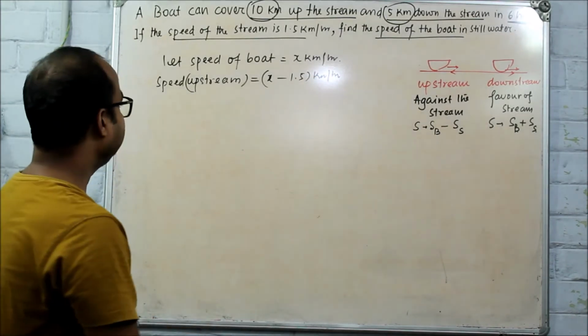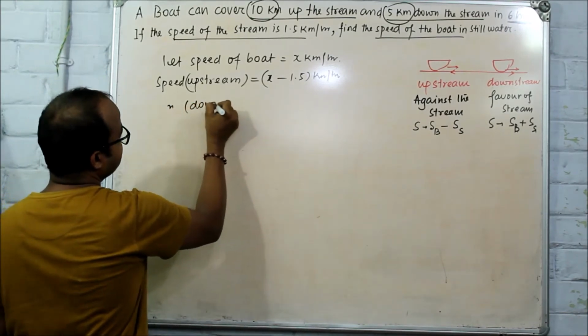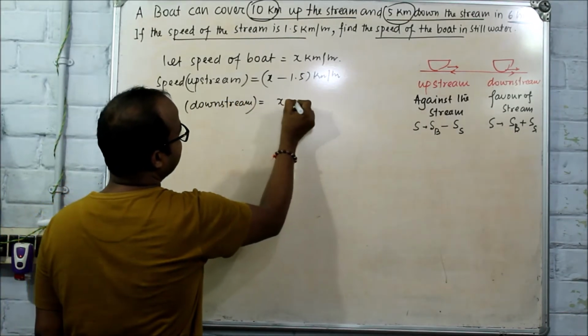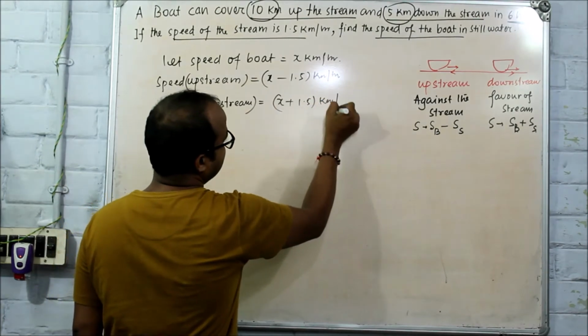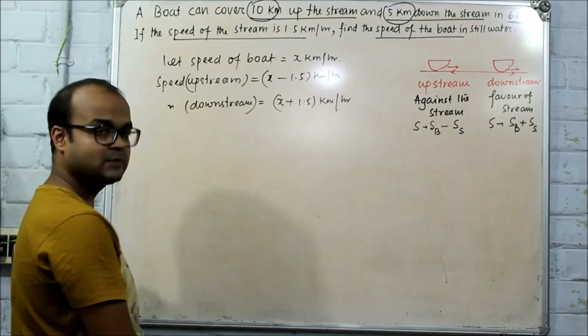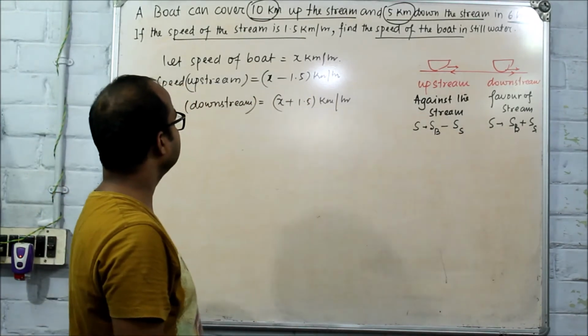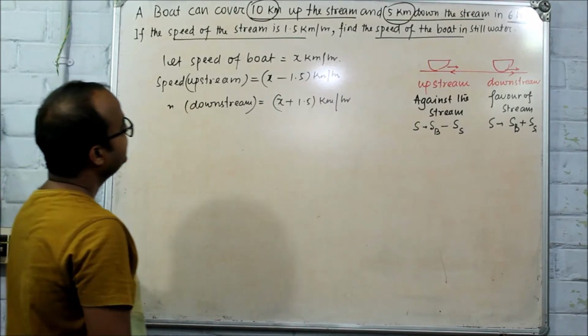Clear? And speed in downstream is equal to x plus 1.5 km per hour. Using this concept, we find out the speed in upstream and speed in downstream.